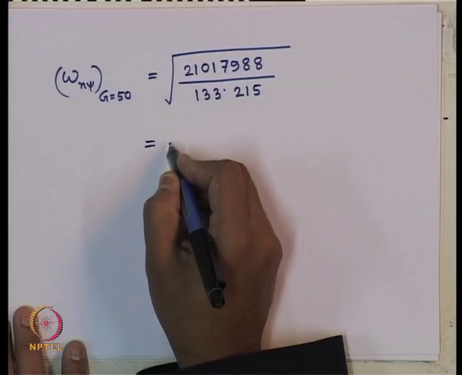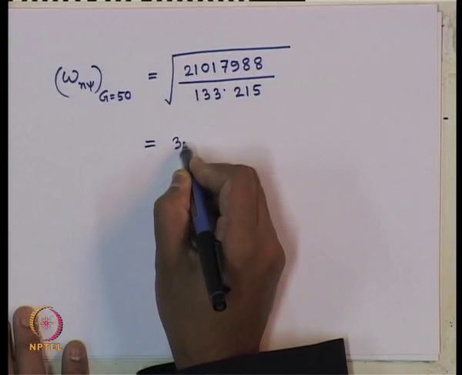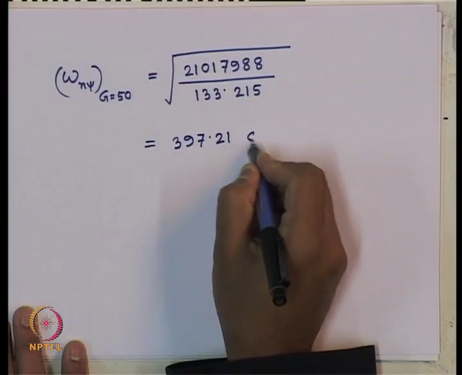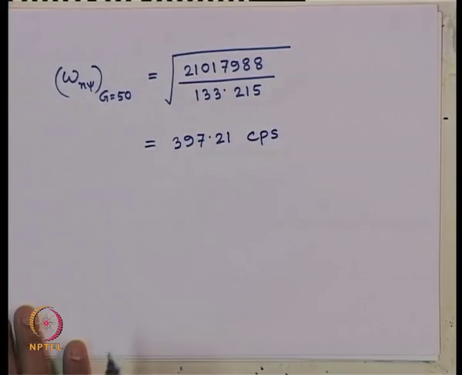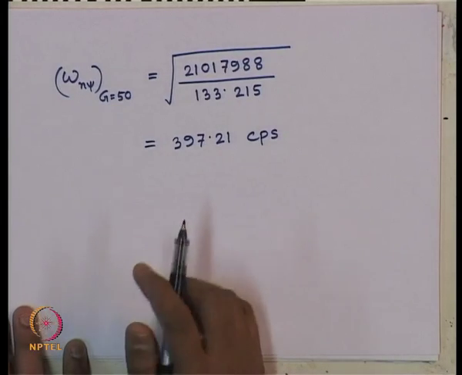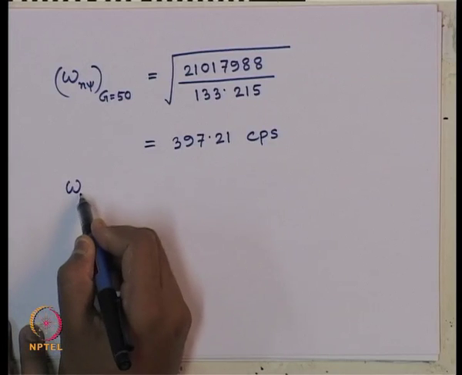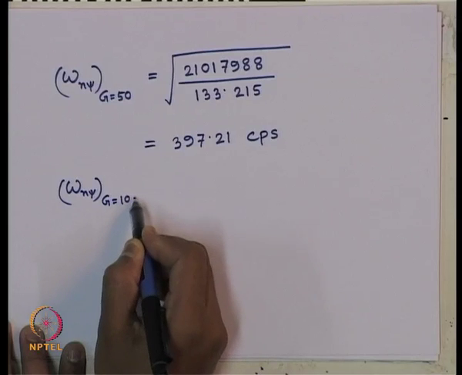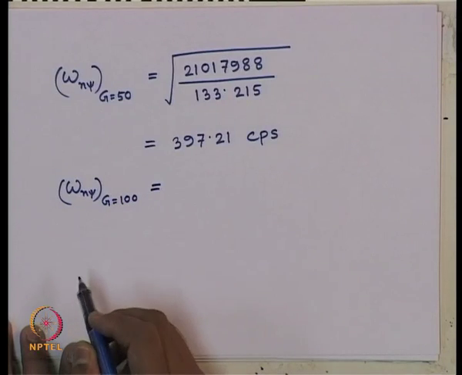So, if we calculate this, we are getting 397.21 cycles per second. Correct? 397. Okay.